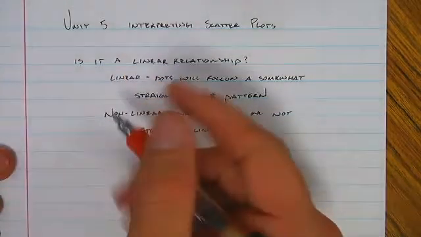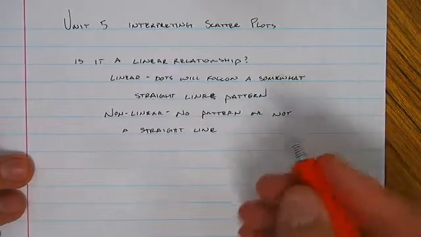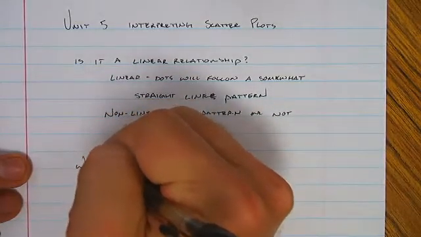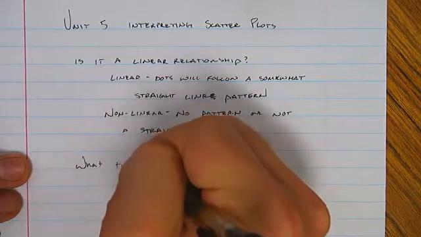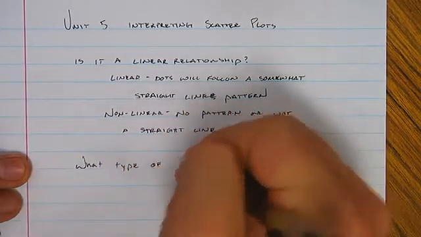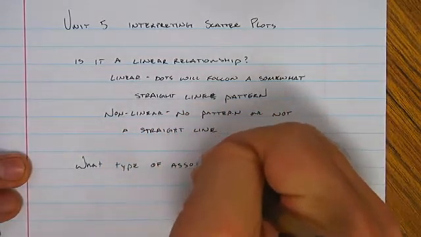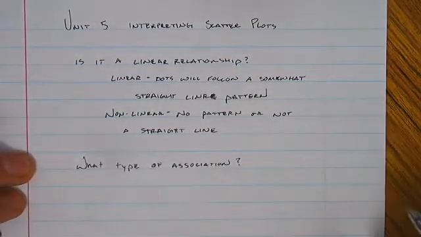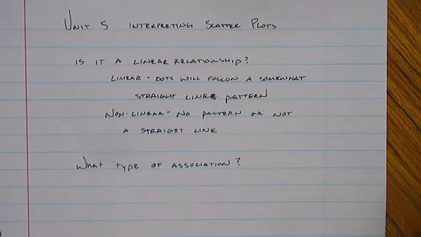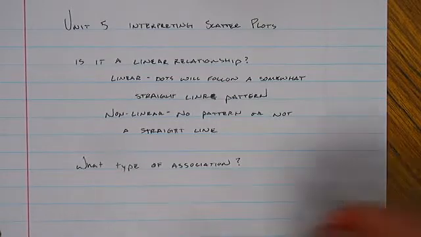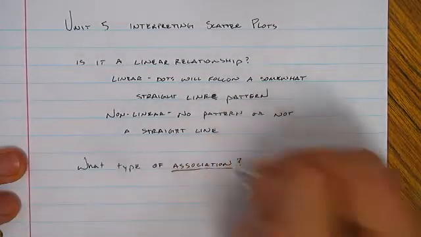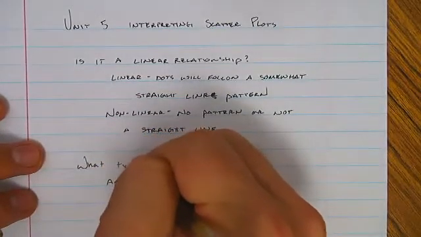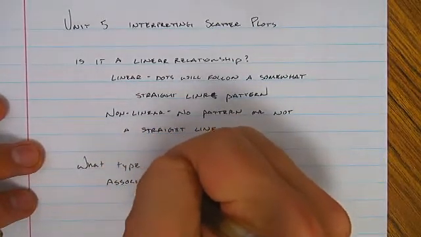All right. The next question then you would ask is, what type of association is there? Association is a term that we can describe using some different verbiage.